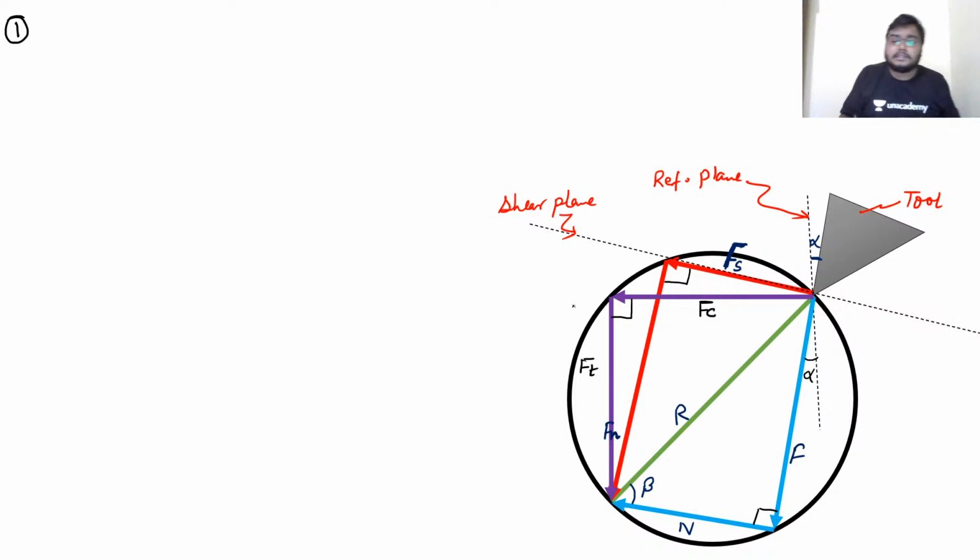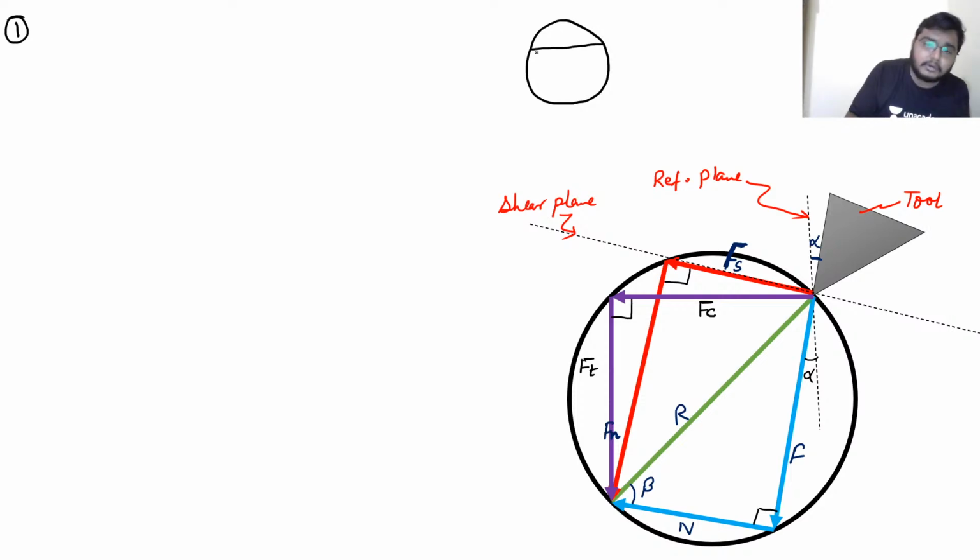Now you will tell me, sir, how can you say 90 degrees? Sir, there is a property of a circle. If you remember, there is a property of a circle that any chord, right? If I have drawn this chord and again I have drawn this chord and I have joined these two chords.